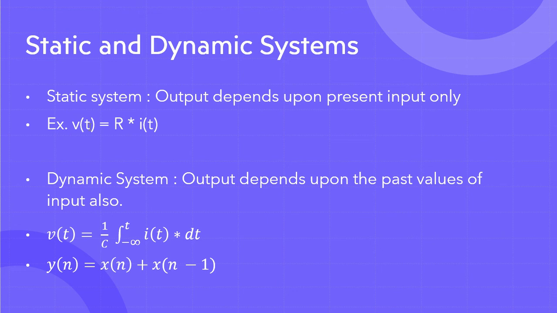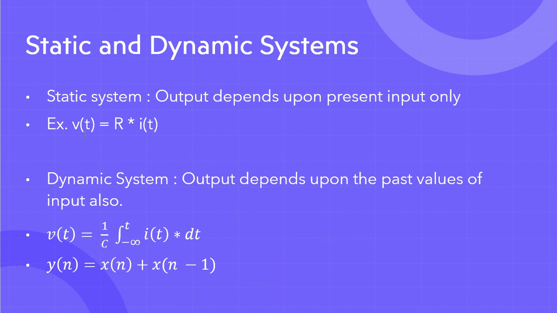My present value of current will only affect the present value of voltage. The past value of my current will not affect the present value of my voltage. It is not remembering it, which is why it is also called a memoryless system.